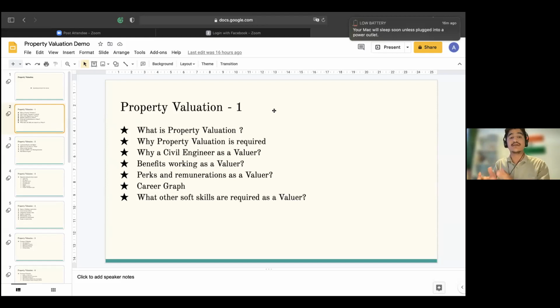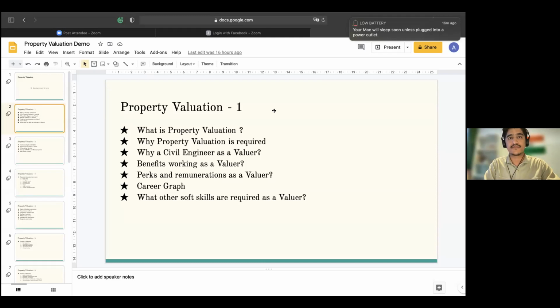So they need valuers at the ground level, in the districts and towns. That's why there are a lot of vacancies at the moment, and there is a good amount of growth you can expect in your career if you do well.